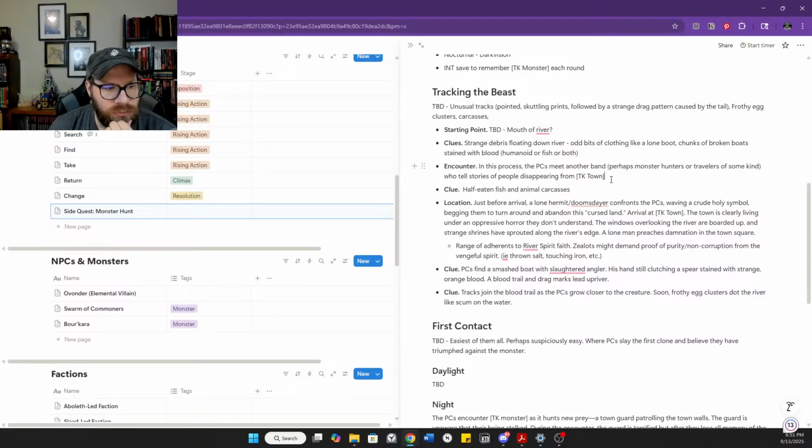So maybe we do it that way. Location first, so we do the town first. Move that up to the starting point, or just before the starting point of the actual tracking, and then we change this encounter to be this fleeing individual, not a band, but a fleeing individual, either a monster hunter, or traveler, or whatever we have, who can be kind of the final guidepost to tell the characters that they're almost to the right spot.